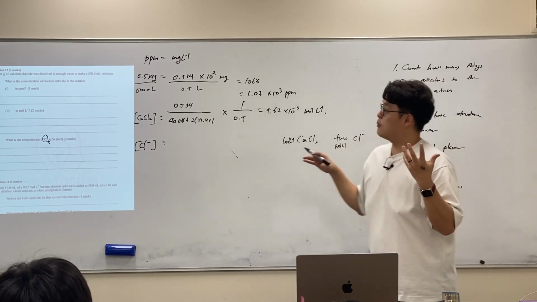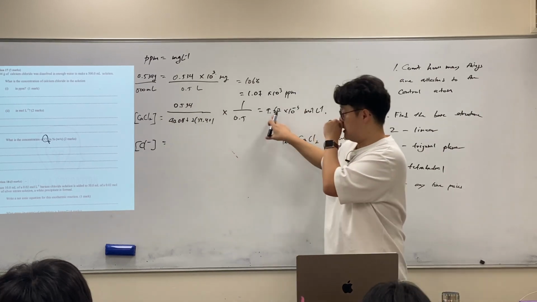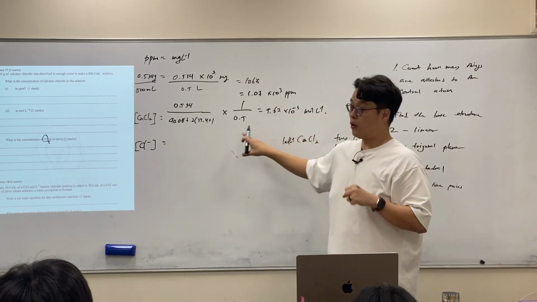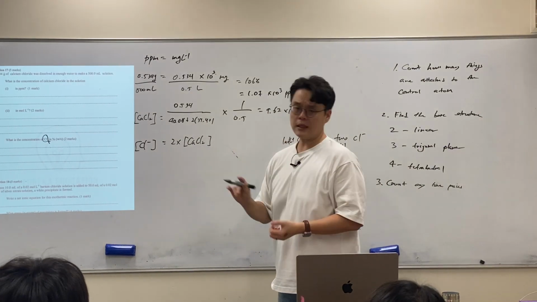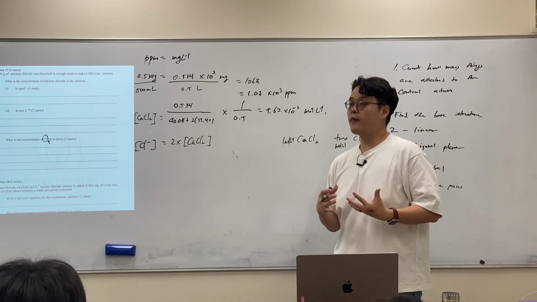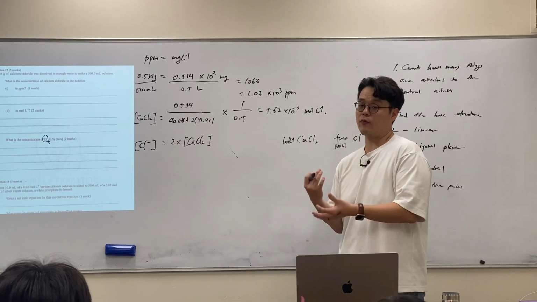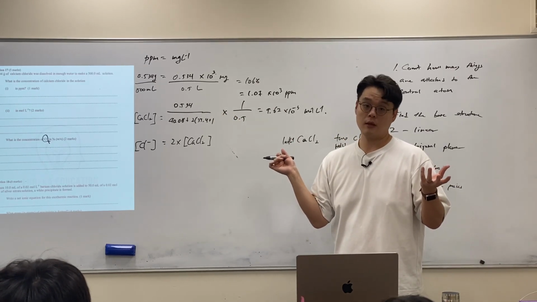So this is why we can make an assumption that the chloride concentration would be 2 times the concentration of calcium chloride. Or if you're not too certain, you can find that number of moles and divide that with the volume of the 0.5 again too, but you get the same answer basically.